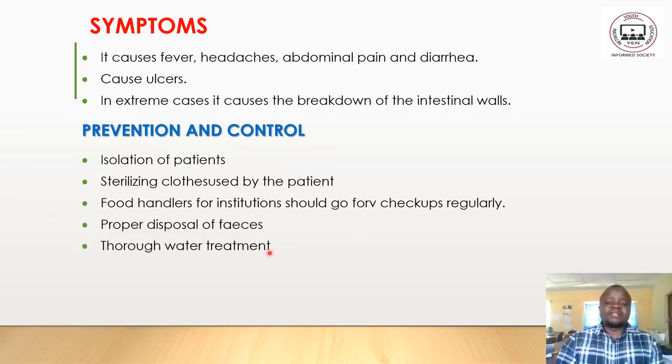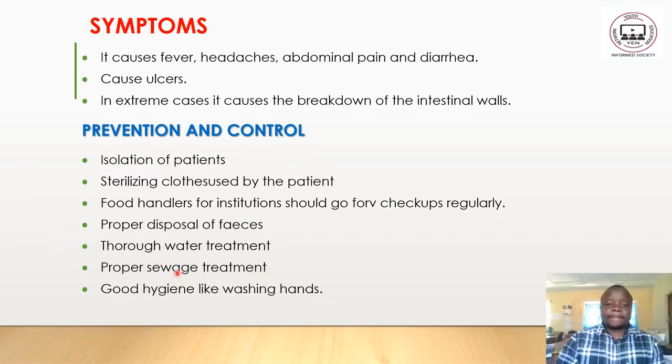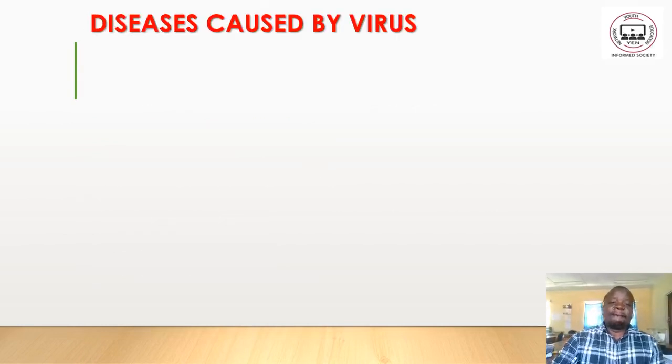Thorough water treatment, that one can be done through water chlorination. Proper sewage treatment. Other one is good hygiene, like washing hands. We have to wash hands wherever you are before you handle any food.